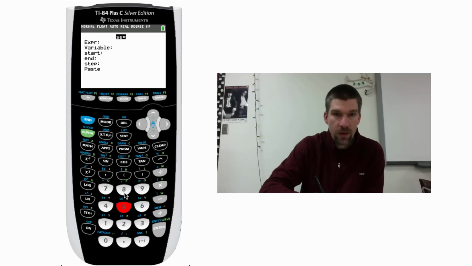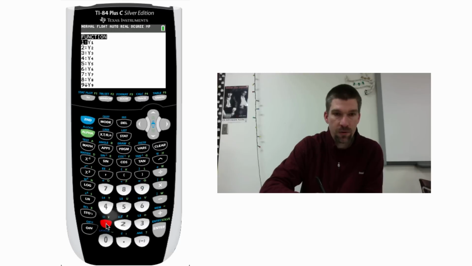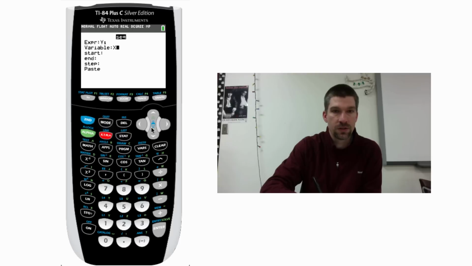And then we got to tell the expression where we want to go. And so that's going to be the Y variable there. And this is going to be, not the Y variable, the Y function in Y1. We've got to give it a variable, which is going to be X. And we're going to start at the right endpoint.